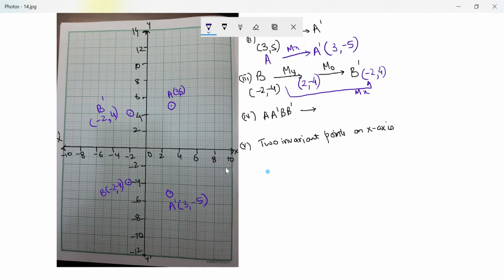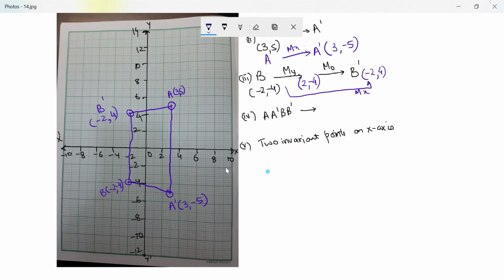Write down the geometrical name of the figure A dash, B dash. Now you will join this using a scale. I'm using freehand. Again, like I told you, it is important to read the sequence in which they want the points to be joined. So A dash, B dash.